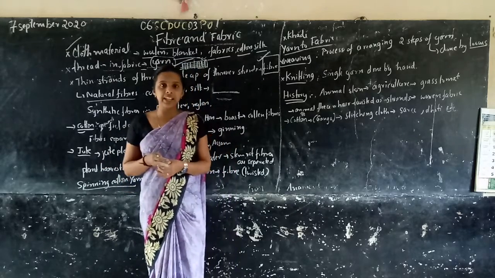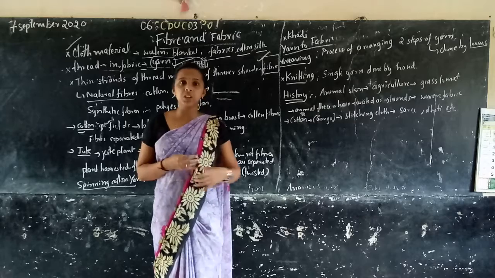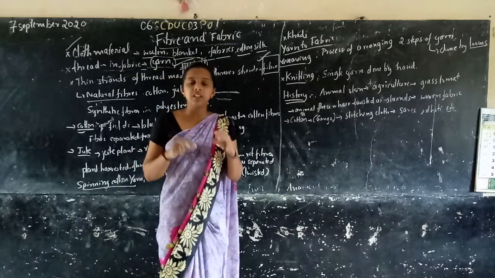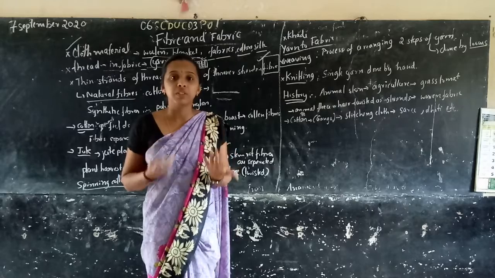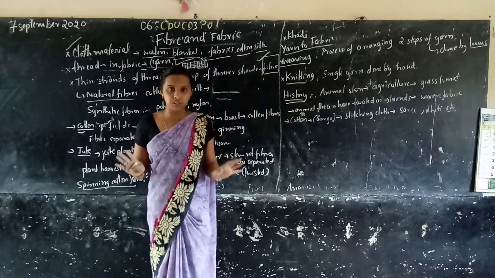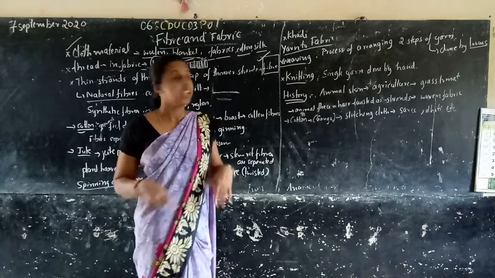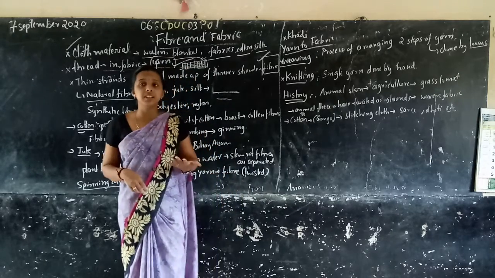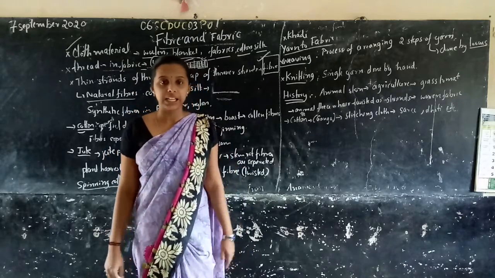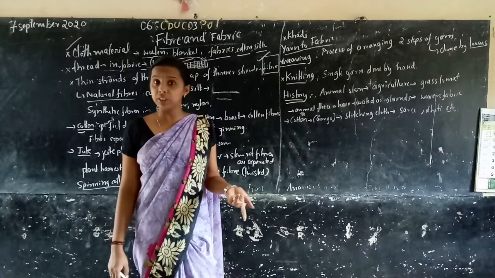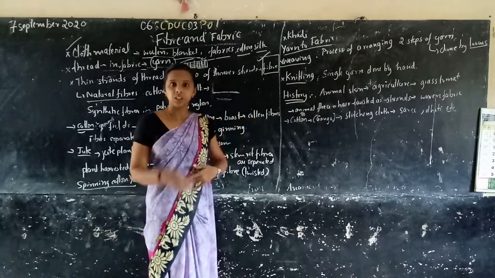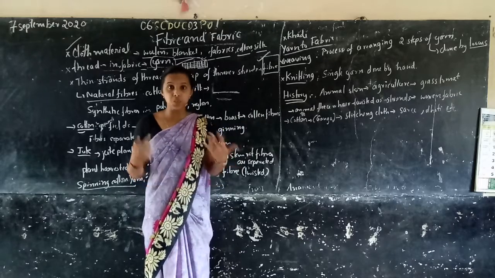In the summer season we always use cotton. Why? These are very soft and we feel very good and cool. If we take the winter season, what do we use in winter? We use woolen threads, sweaters.